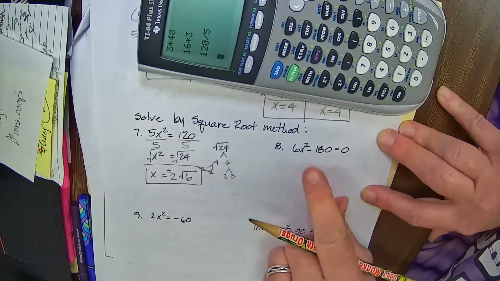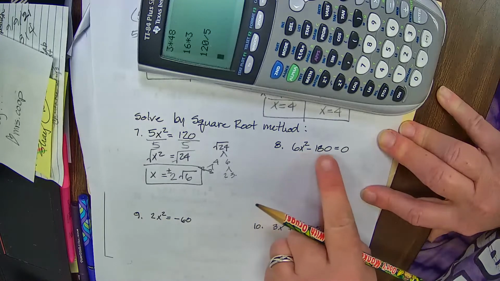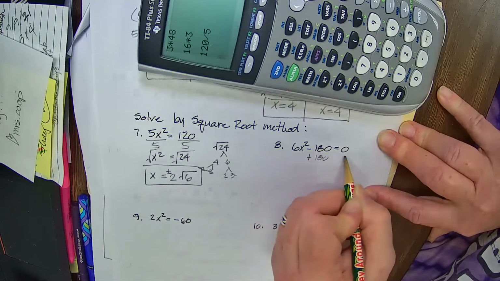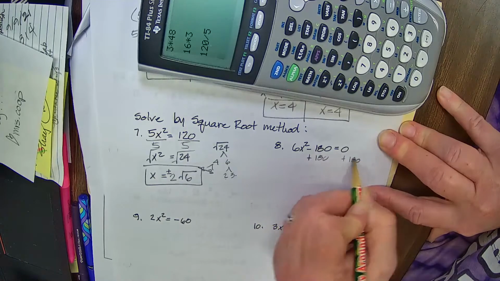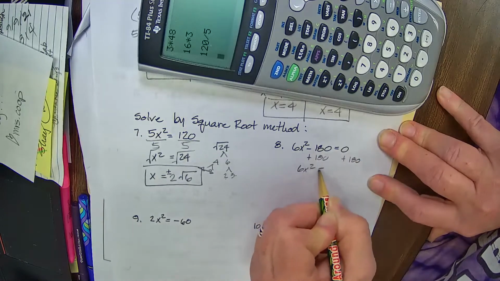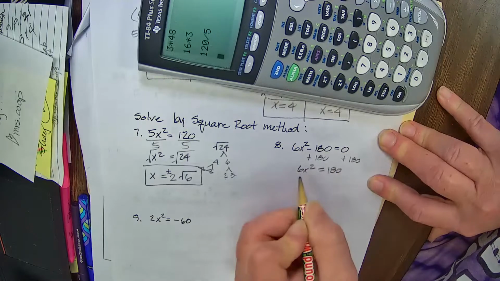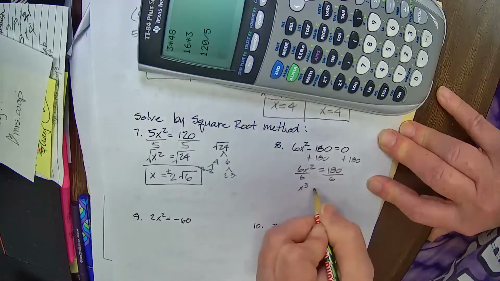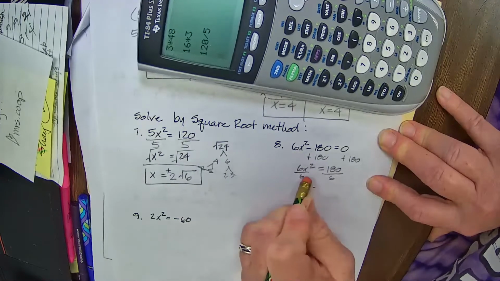Okay, we need to move the 180 over. So 6x squared equals 180. Divide by 6, which I believe is 30, not cubed, squared.